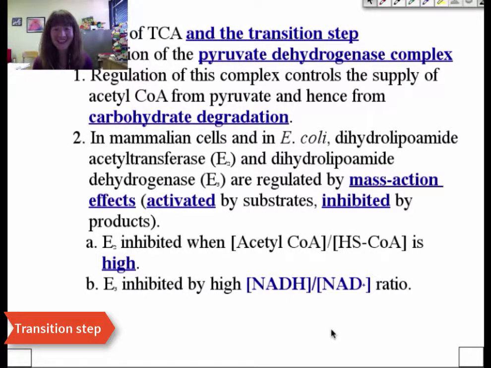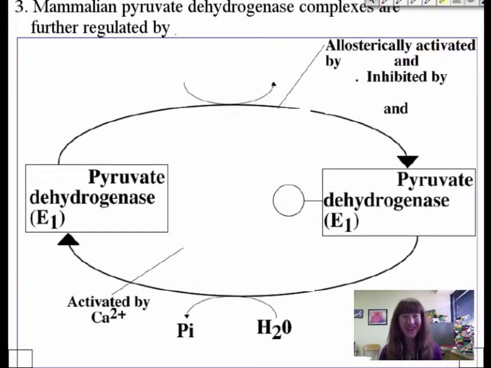Regulation of the pyruvate dehydrogenase complex just gets crazier and crazier, because in addition to E2 and E3 being regulated allosterically, we also see regulation of E1 in the form of covalent modification. So remember, that means the addition of a group covalently linked onto the enzyme and changing its activity. In this particular case, our E1 is actually inactivated by addition of a phosphoryl group.